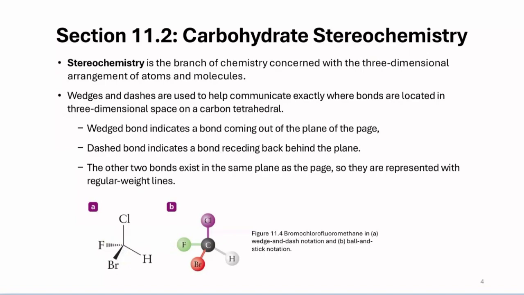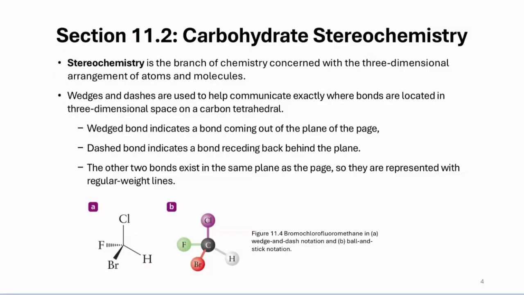The wedges are basically indicating that the bond is coming out of the plane, or in other words, off the page. So you can imagine that if we were looking at a tetrahedral carbon, then in this example that we have in figure 11.4, the bromine is the one that is actually facing you. So it's extending out of the plane.